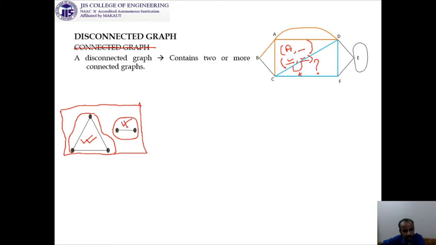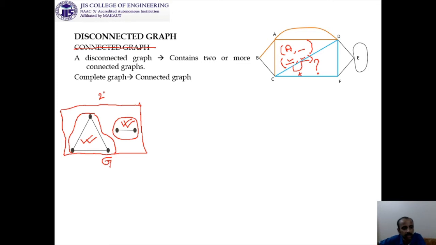Similarly, this is another connected graph. Together it is a disconnected graph, but for this example it contains two connected graphs. You can get various examples where disconnected graphs contain more than one connected graph. That means it is 2, 3, 4 or any number.